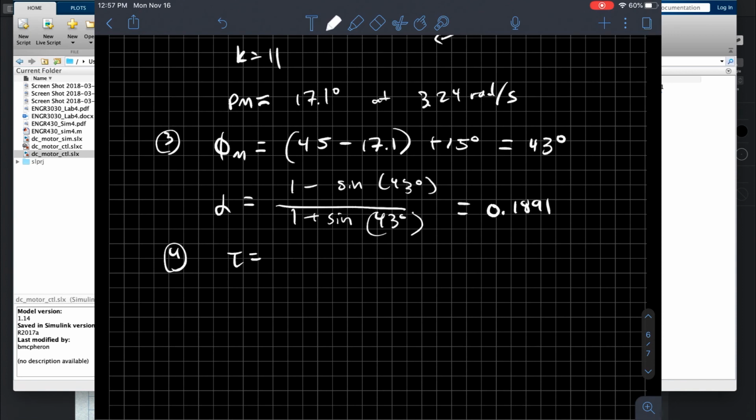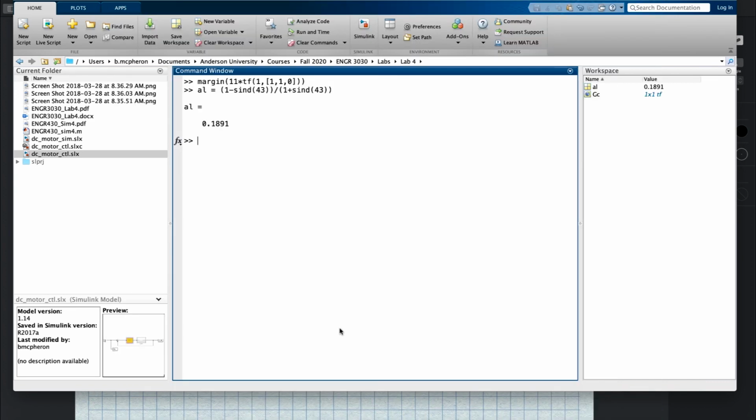Tau is calculated by taking 1 over omega m square root of alpha. That's equal to 1 over 3.24 times the square root of 0.1891. Going back to MATLAB, let's calculate that. Tau is equal to 1 divided by 3.24 divided by the square root of alpha.